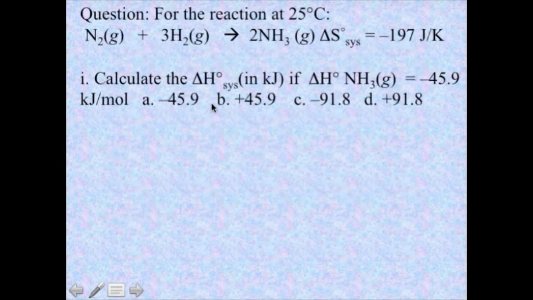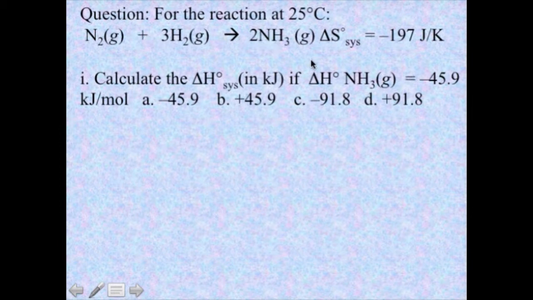So here we have a question for you to try. For the reaction at 25 degrees, we have nitrogen plus 3 moles of hydrogen forming 2 moles of ammonia. And the change in entropy of this system is minus 197 joules per K. Why is that? Because you're decreasing the number of gaseous moles in this reaction.